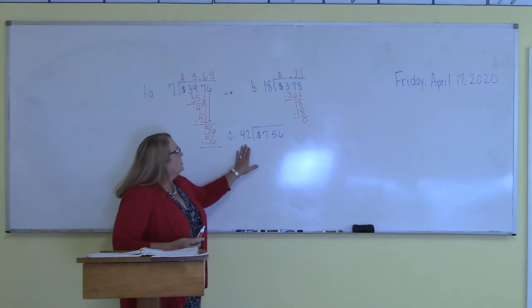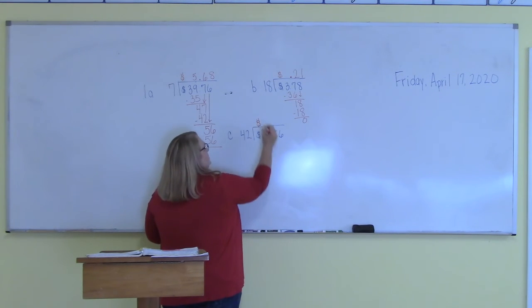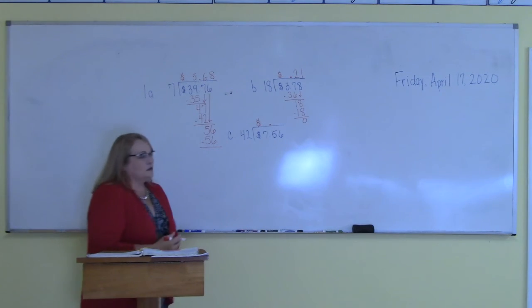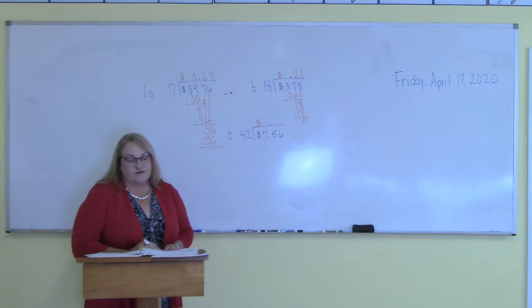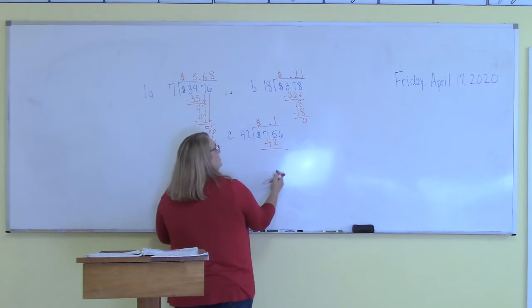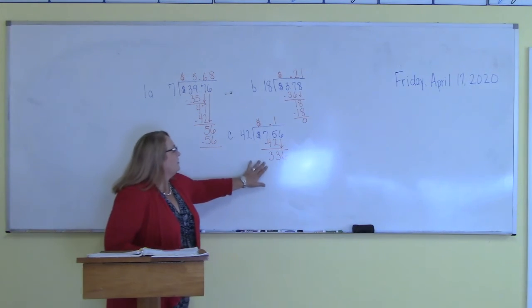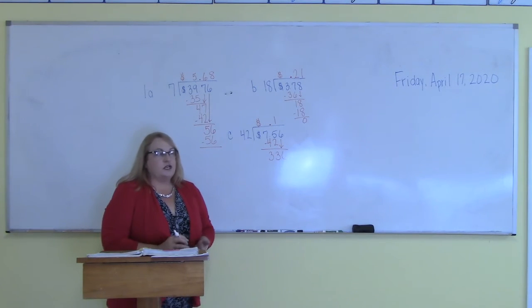For C, 42 divided into $7.56. Remember, we're still dealing with money. Dollar sign. Bring your decimal straight up. How many times will 42 go into 75? We'll go 1 time. 42. Subtract. 5 minus 2 is 3. 7 minus 4 is 3. Bring down your 6. You'll have to work this out a little bit on the side, so I'll give you a minute to try to figure out how many times 42 will go into 336.